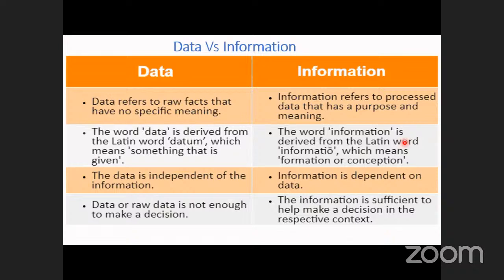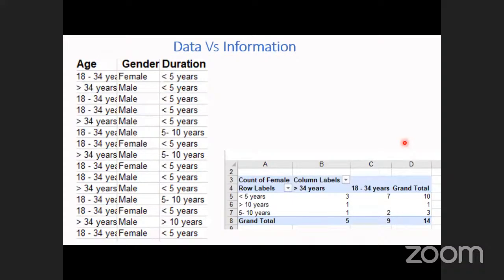We have not extracted any meaning from it. If I show you, hopefully we can see. You look at the slides, what happens? You see these are variables. We'll talk about what variables are. We have age, gender, and what? Duration.